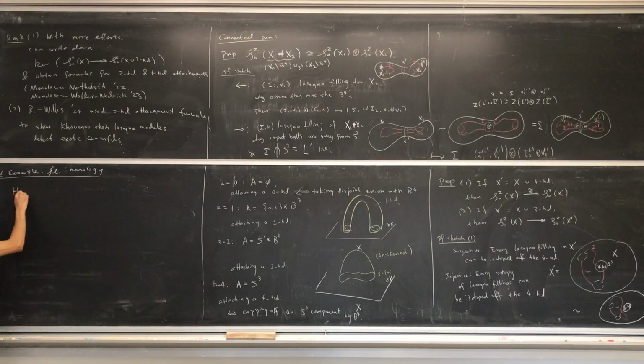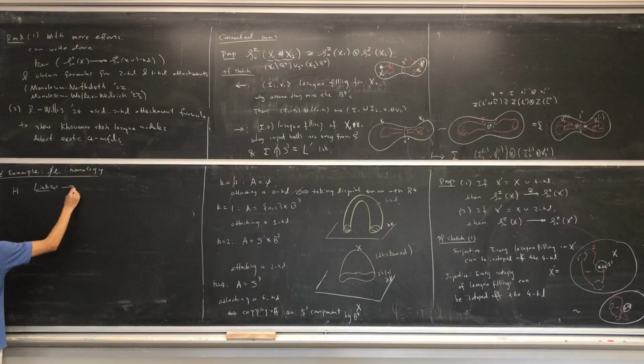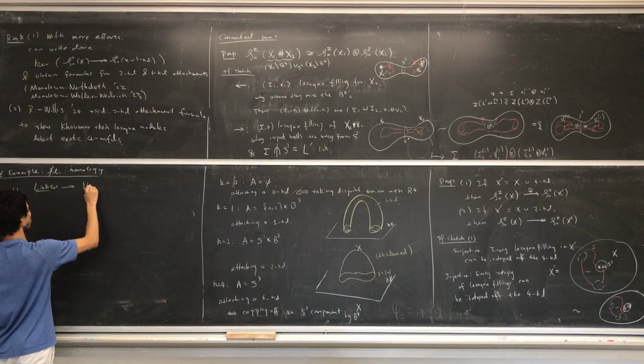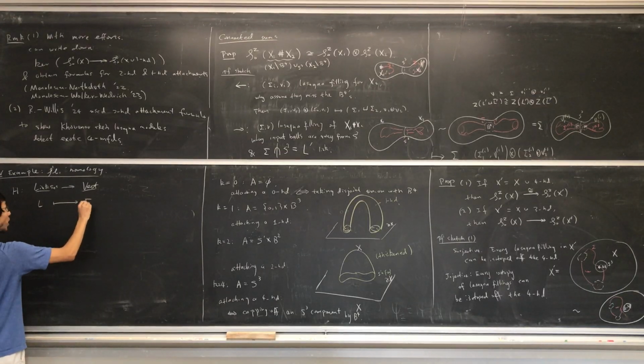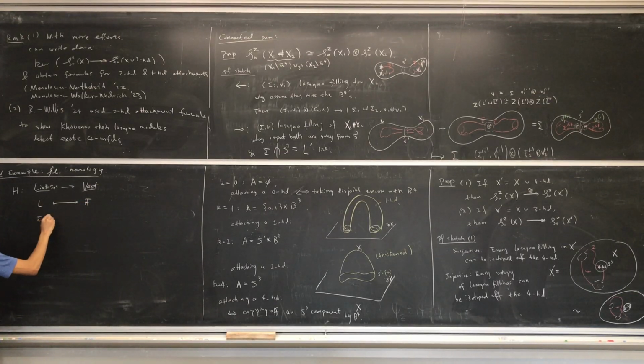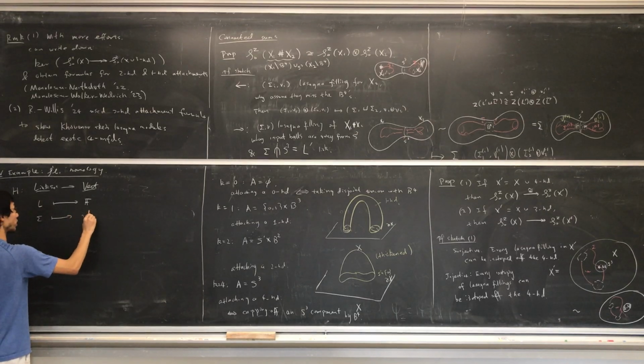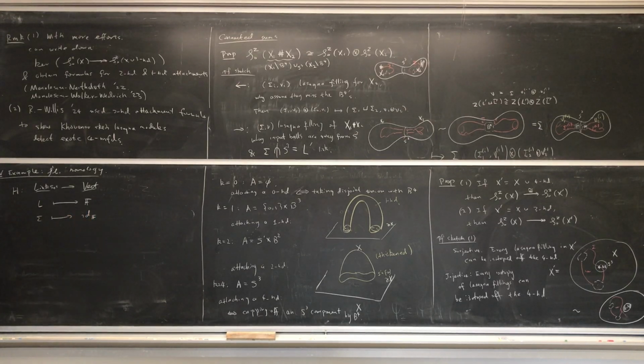So again, recall that this is a functor from the category of links, with cobordisms, to the category of vector spaces, sending each link to the one-dimensional vector space and each cobordism to the identity map on this one-dimensional vector space.